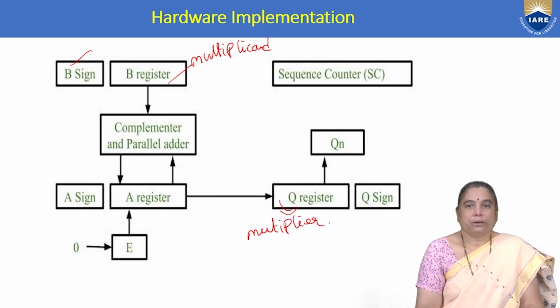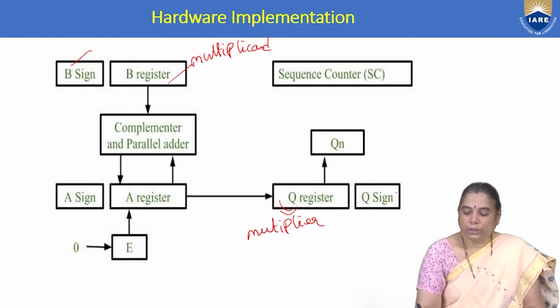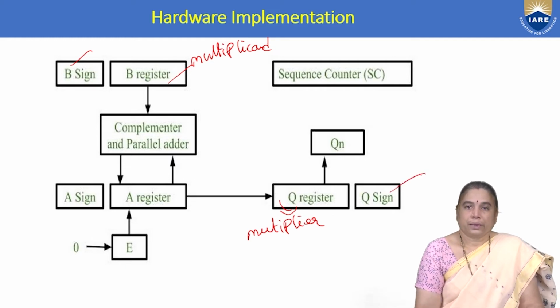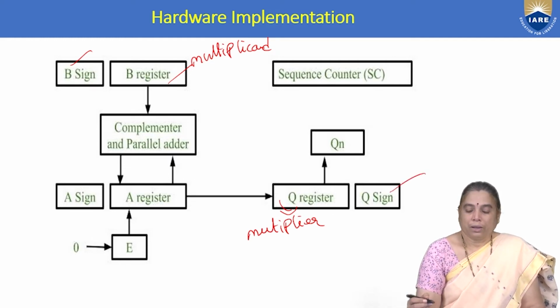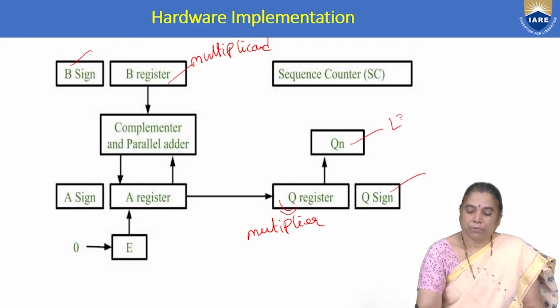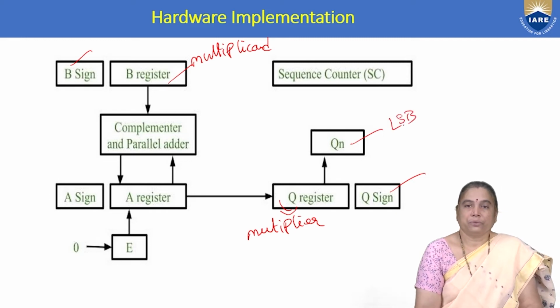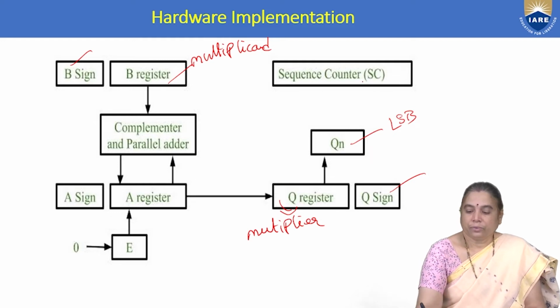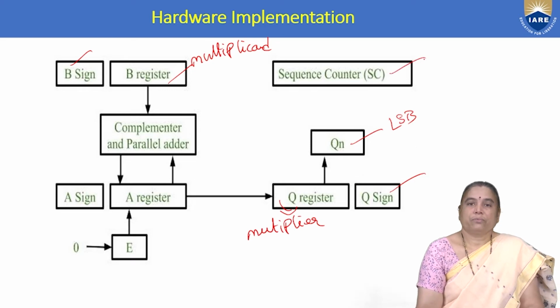The sign bit of the multiplier is stored in the Q sign, and the last bit, the LSB, is stored in the QN. Here we take the multiplier bit by bit by using the QN value. The number of bits in the multiplier is generally stored in the sequence counter.